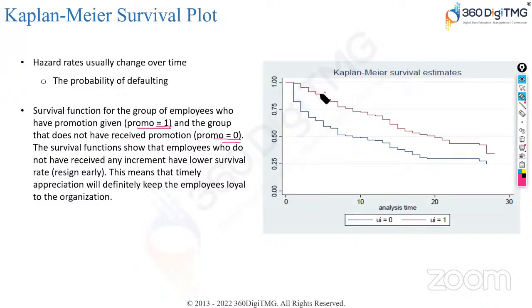And you can see in the graph, people who did not receive the increment, did not receive the promotion, were the people who are resigning a lot. So the line is coming down drastically. That means a larger number of people have resigned. Whereas this one is more like a linear, straight line.